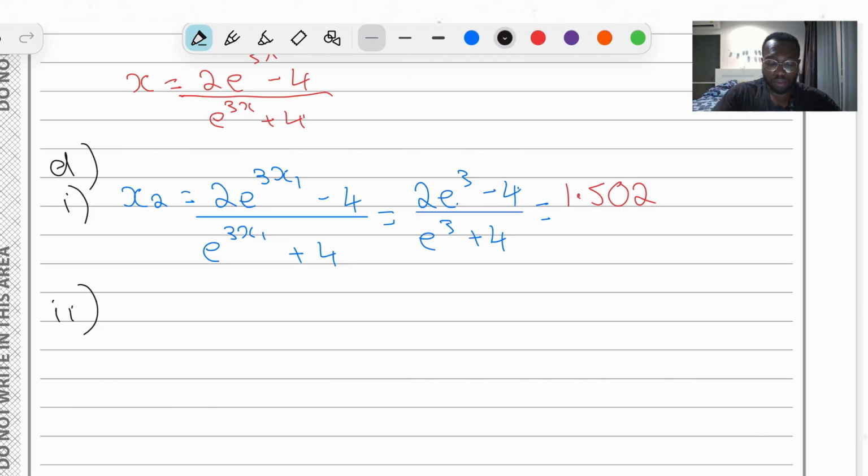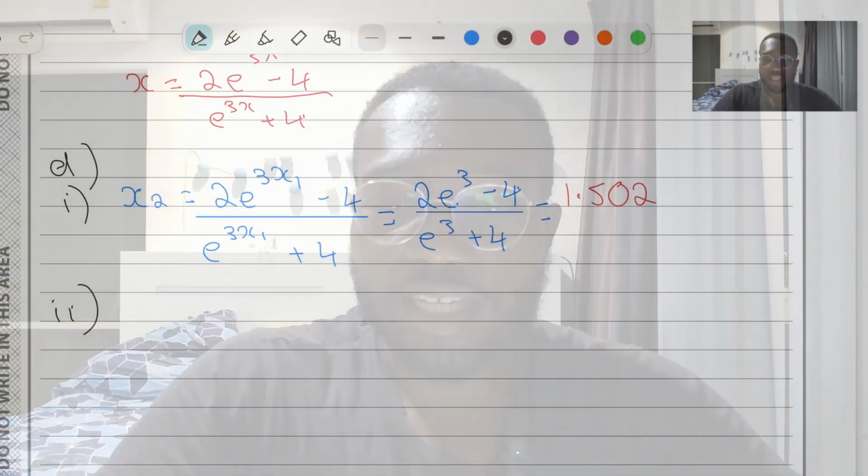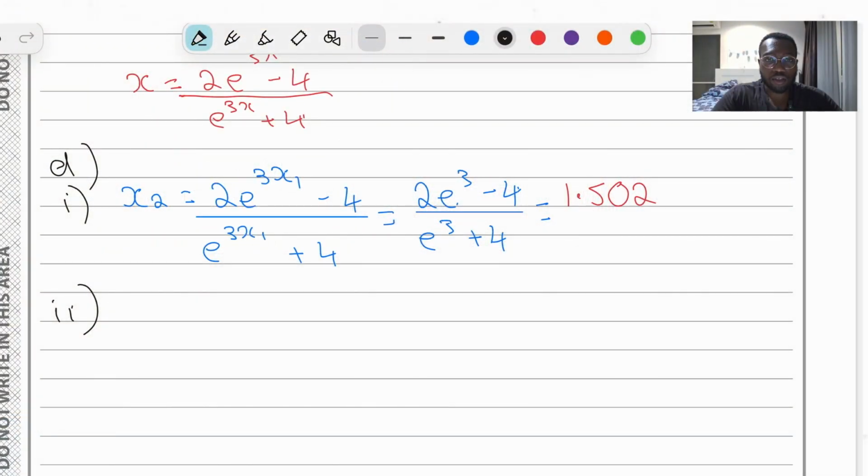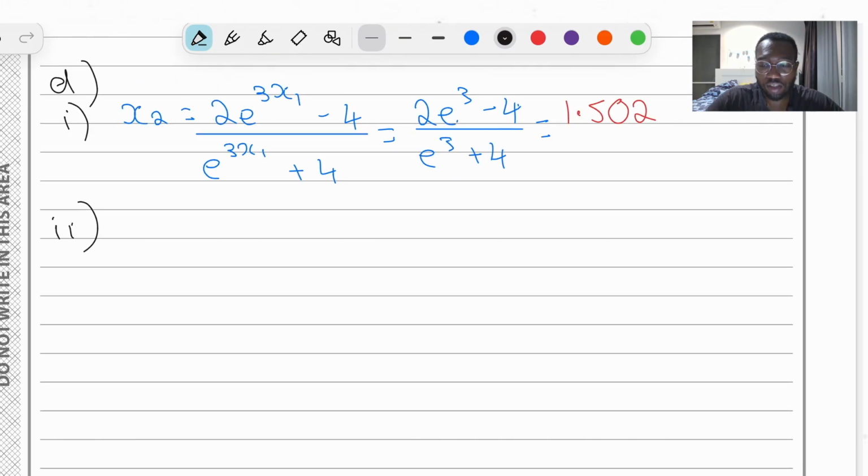Okay, so I'm going to use my calculator here. What I've done is put my answer function back in, and now I'm just going to keep hitting equals and seeing what number this converges to. Right now it's still changing a lot. As I keep going on my calculator, it's starting to converge to the same value.